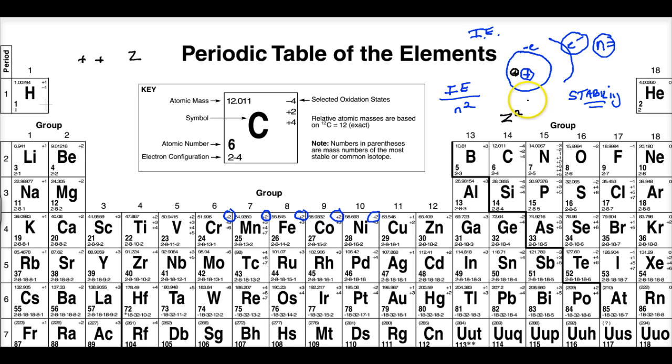So if I have an isoelectronic series, like for instance, if I have hydrogen and I have helium plus, that's helium losing an electron. They both have the same number of electrons. But the helium plus, because it's atomic number 2, and 2 times the number of protons, its Z is doubled, the Z squared rule comes into effect, and we can now measure that Z, so 2 squared, it's going to be 4 times more stable in the same orbital, because there's double the protons.